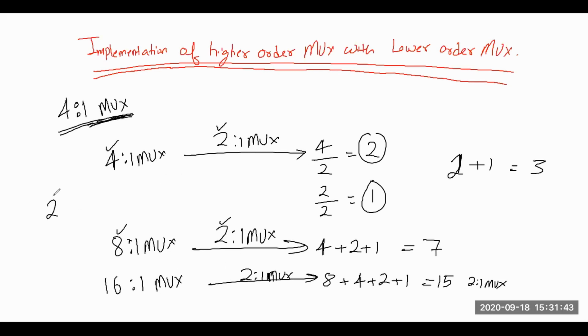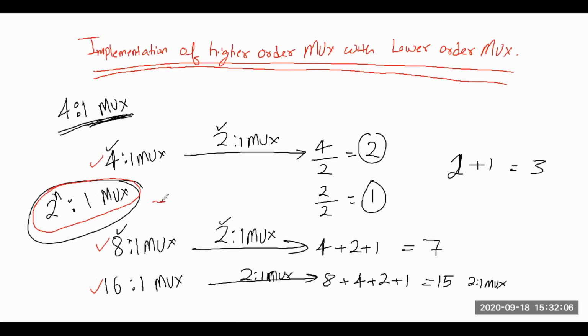Here you are designing a 2 to the power n is to 1 mux. On this side you are doing this type of problem. So whether it is 4 is to 1, 8 is to 1, or 16 is to 1, you can write it in the form 2 to the power n is to 1 mux, and basically you are designing with 2 is to 1 mux.